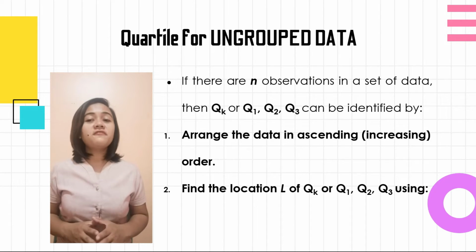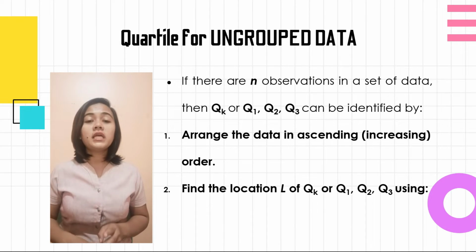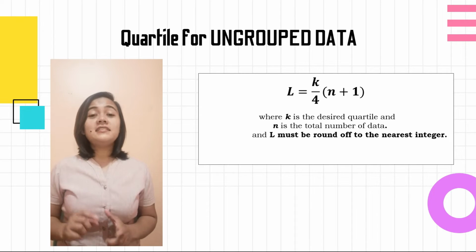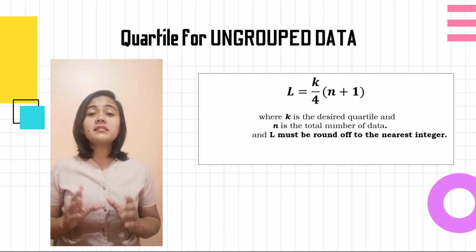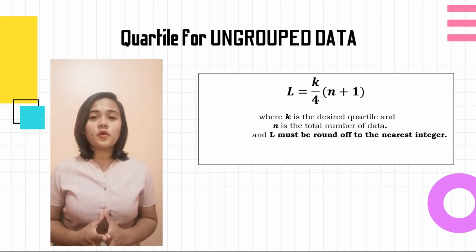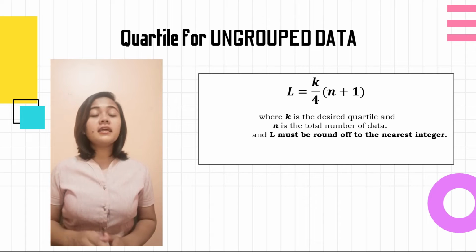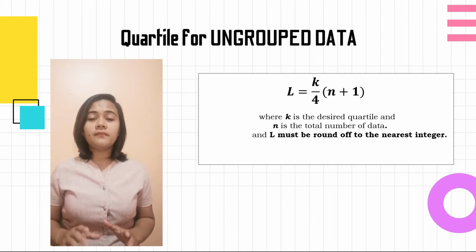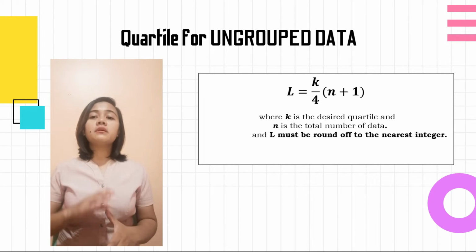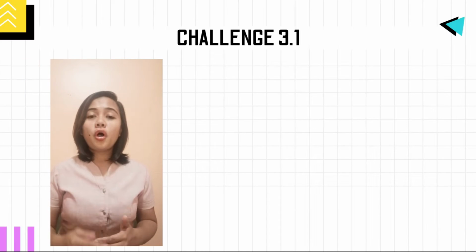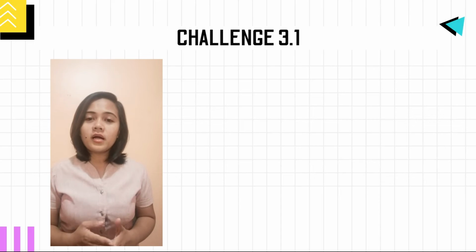Number 2, by finding the location L of Q sub K, or quartiles 1, 2, and 3, using the formula L is equal to K over 4 times the quantity of n plus 1, where K is the desired quartile and n is the total number of data, and L must be rounded off to the nearest integer. L is the location of your quartile.